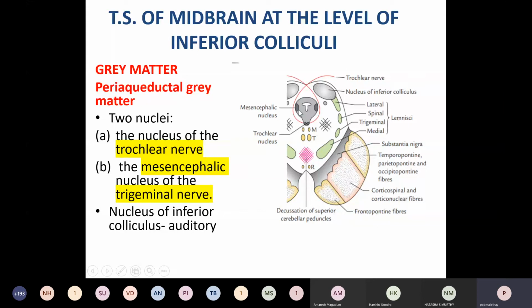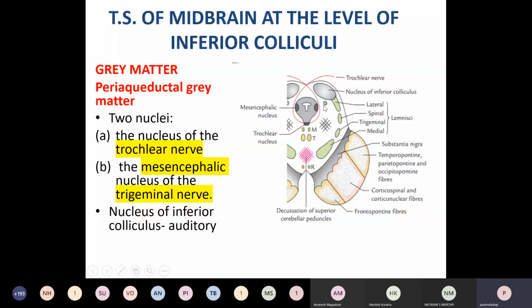Then there is a nucleus of the inferior colliculus which has connections with the auditory pathway. So these are the three nuclei present in the tegmentum of the section of inferior colliculus. What you have to remember is that the inferior colliculus is concerned with the trochlear nerve and with the nucleus of inferior colliculus.